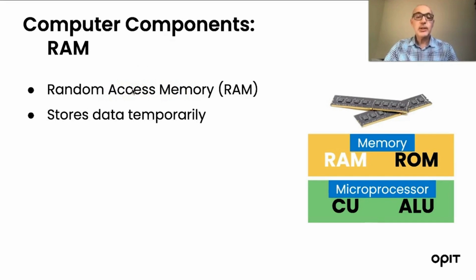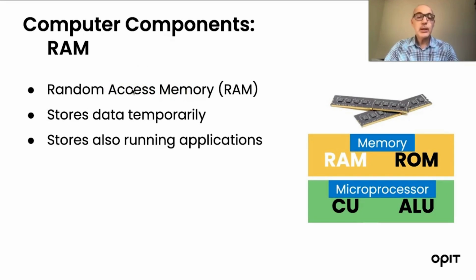So it stores data temporarily, and it also stores the running applications. So when you switch on your computer, you first of all load your operating system. For instance, it could be Windows or macOS or Linux, and then it is stored inside this memory. So you cannot run your computer without having this memory.